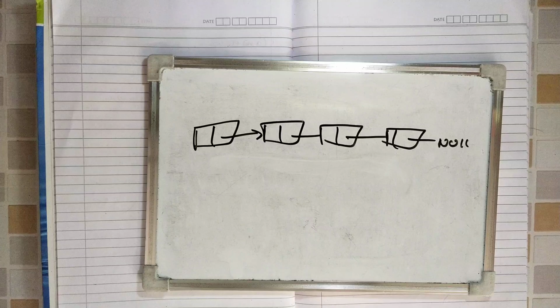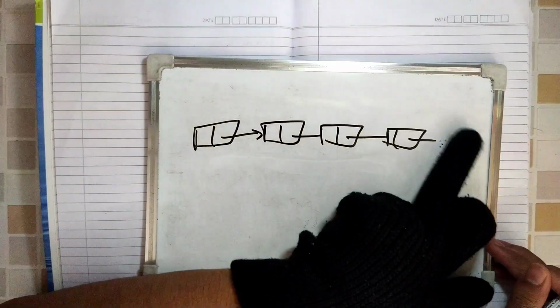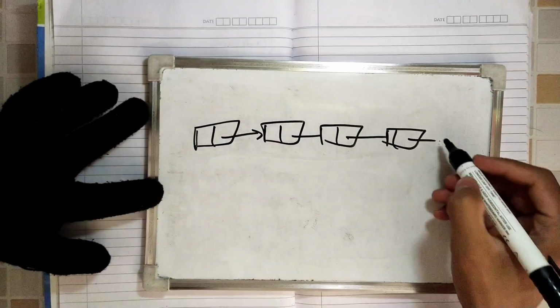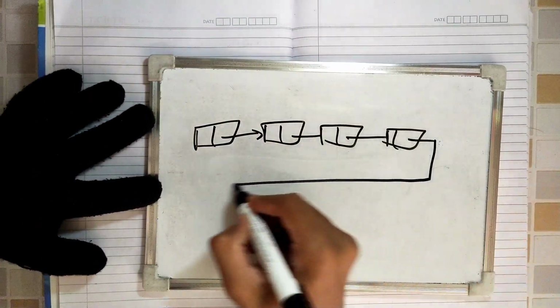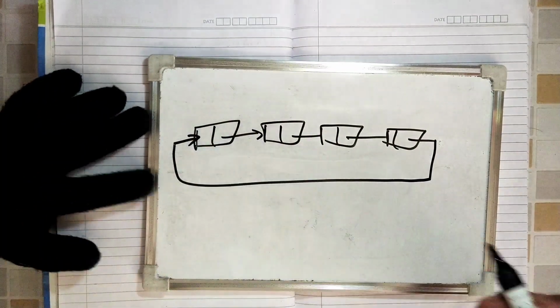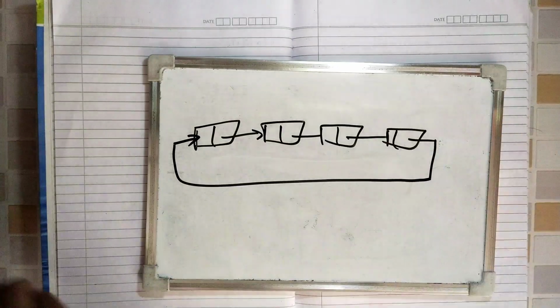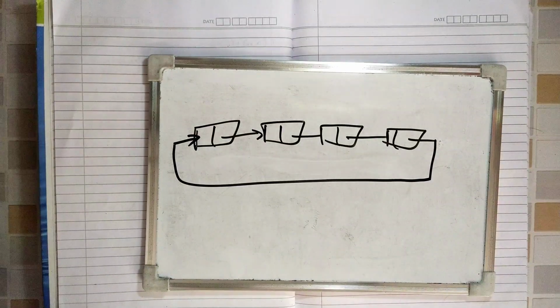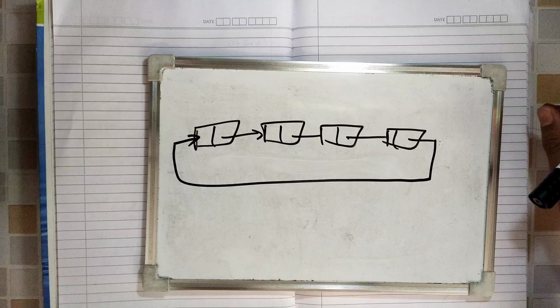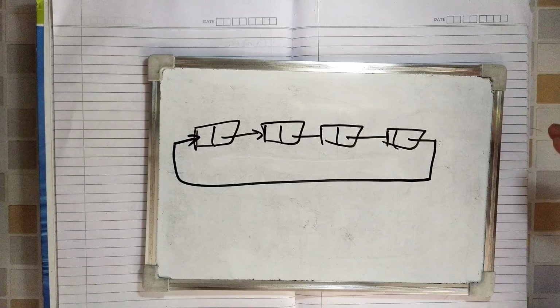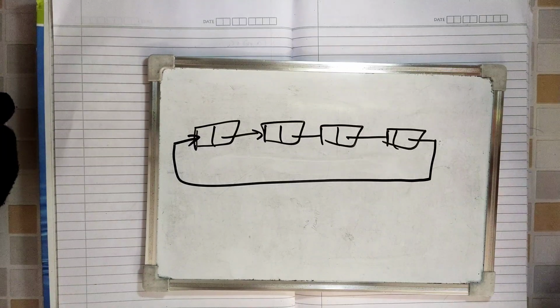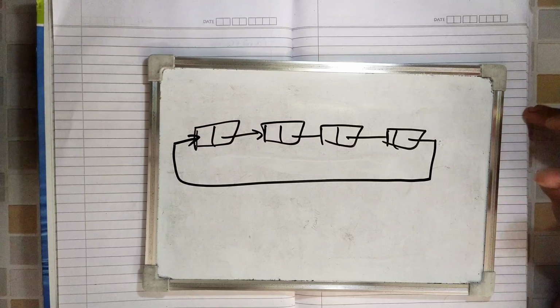So where do we have the null value? At the last, so this place. Here we have the null value. So what we'll do is, this right link, the last link, we will connect to the first node. So how is this done? Everything we write in the code of our single linked list is the same.